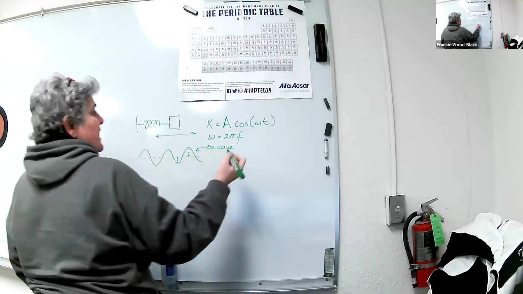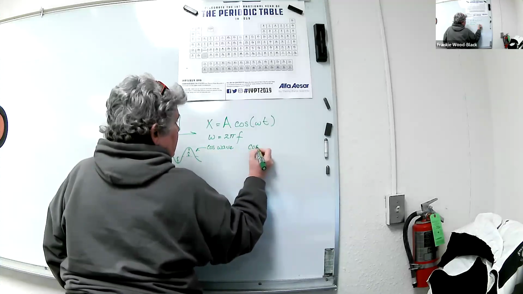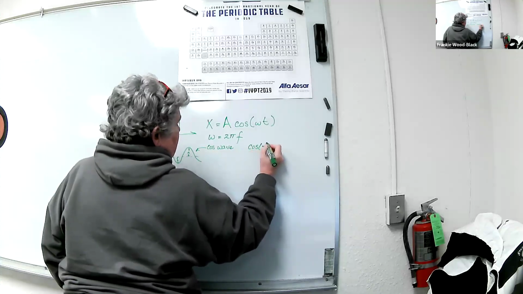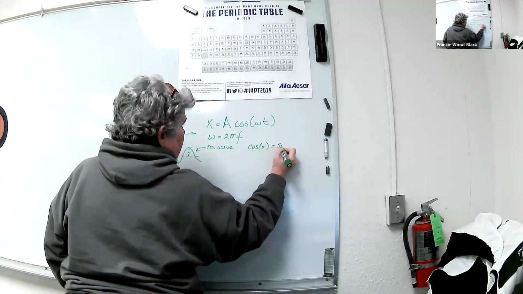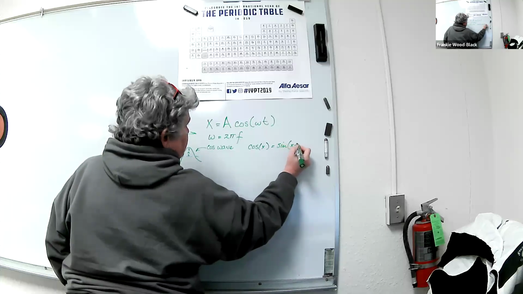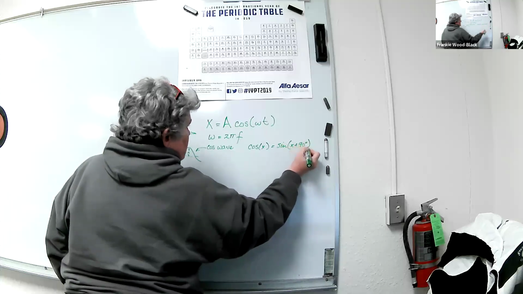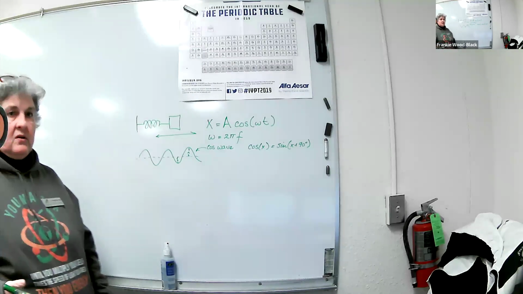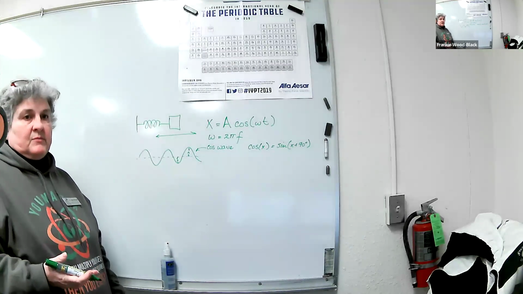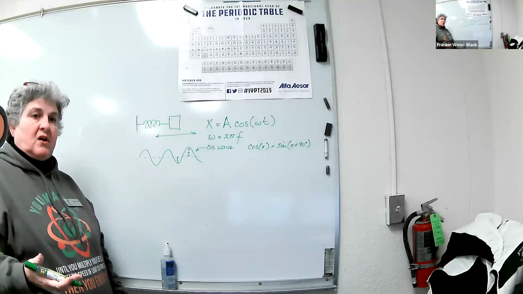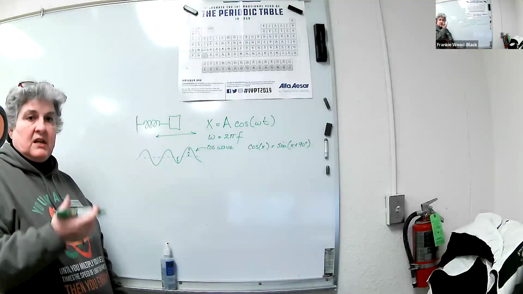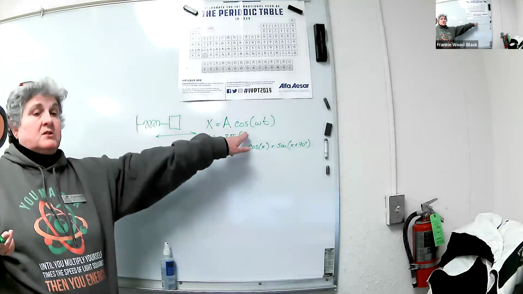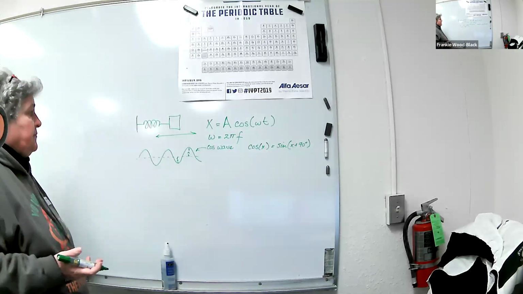And we said that the cosine of x is going to equal the sine of x plus 90 degrees. So the sine and the cosine, I could use either of those. I don't have to be focused on one or the other. I can use either, and we've chosen to use our cosine, right?